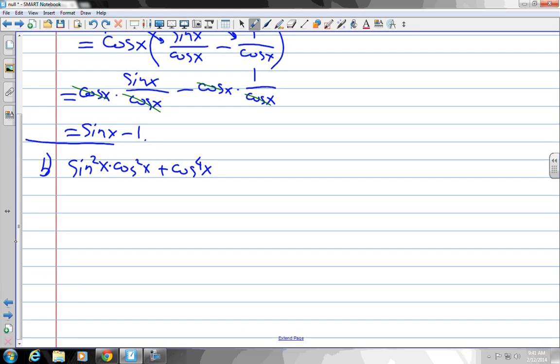Yeah. All right, let's simplify this one. What do you think about doing? Well, I cannot factor out an x because the x is a part of the function. It's not times x.